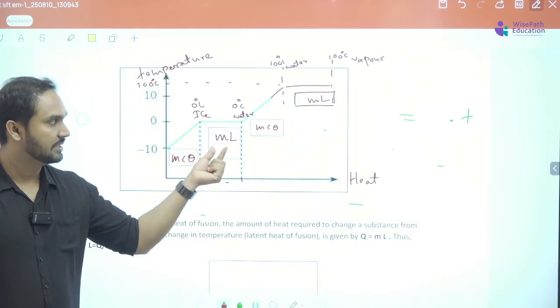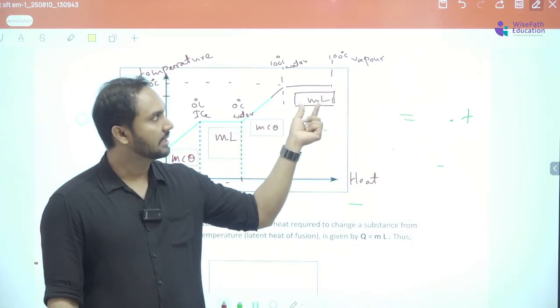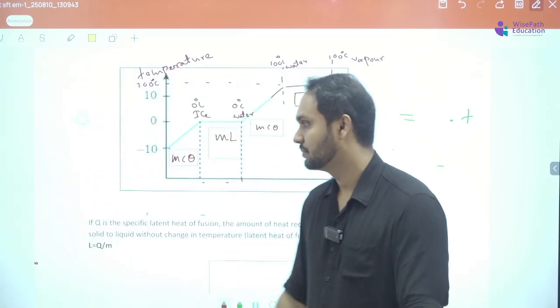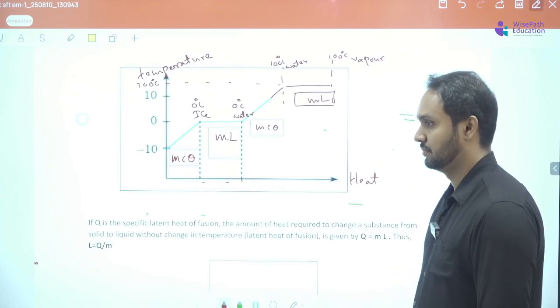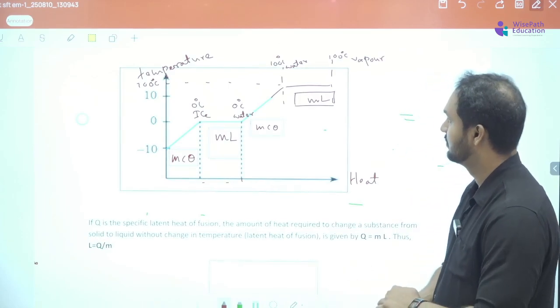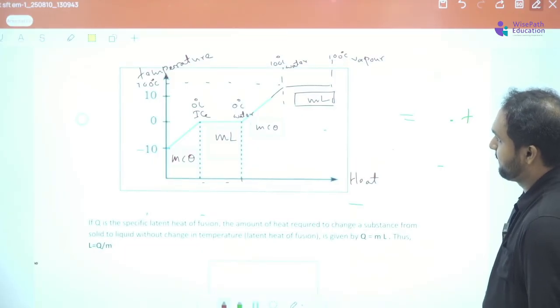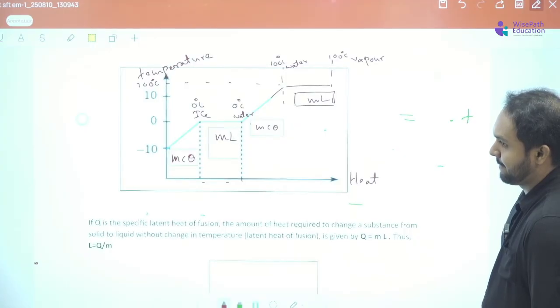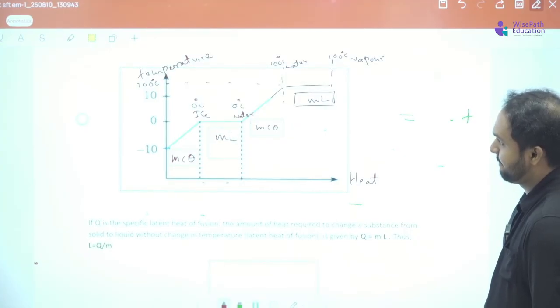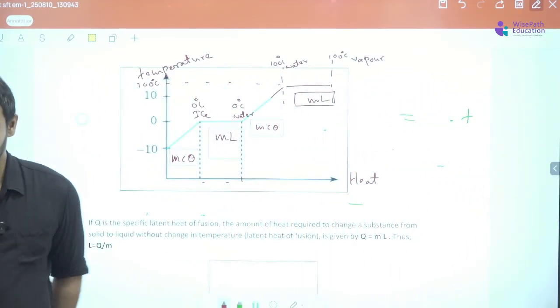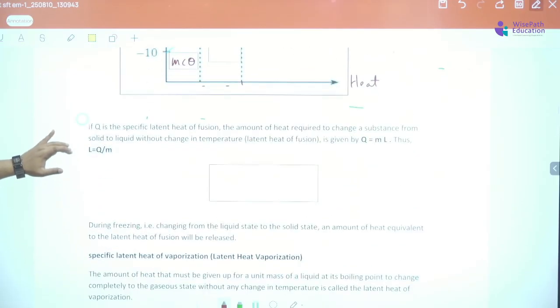This is latent heat of fusion, this is latent heat of vaporization. Right? Come to the next part.